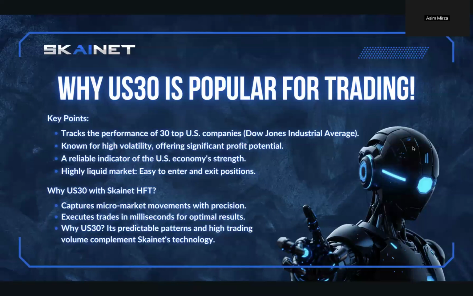And you can also track these movements as time goes on. So with our technology and the strategy that we have, we've been able to identify a time frame in US30 every single day where we know the volatility is best for our system to jump in, execute the trades it needs to, and then come out with the profit that it wants as well. So the pairing between US30 and HFT works perfectly with how we're running the setup.